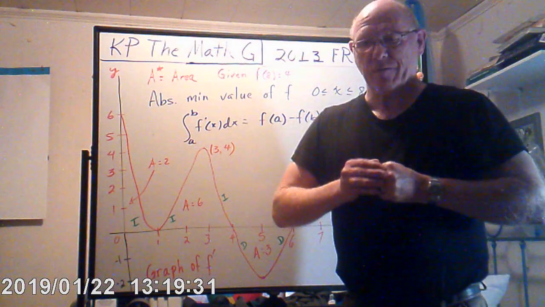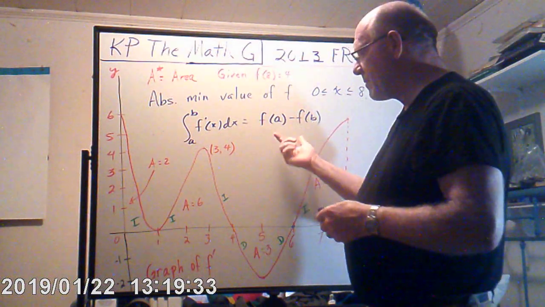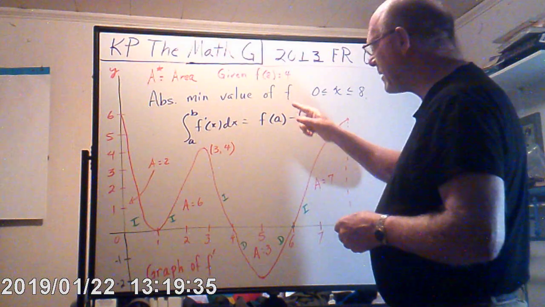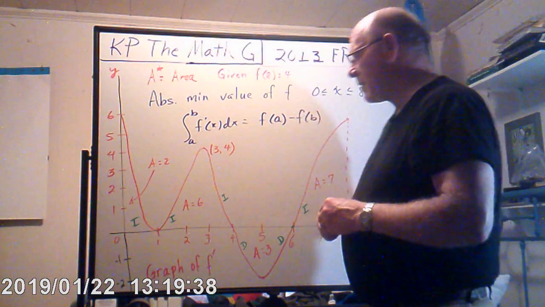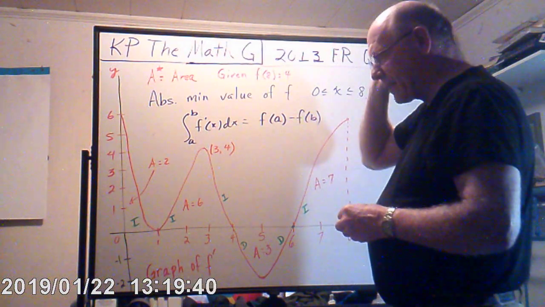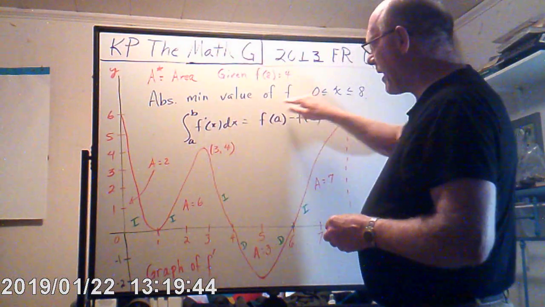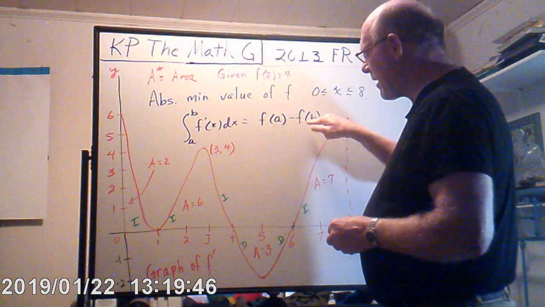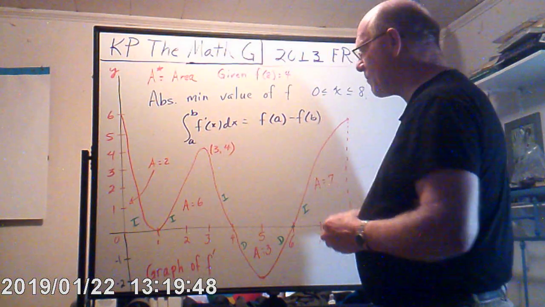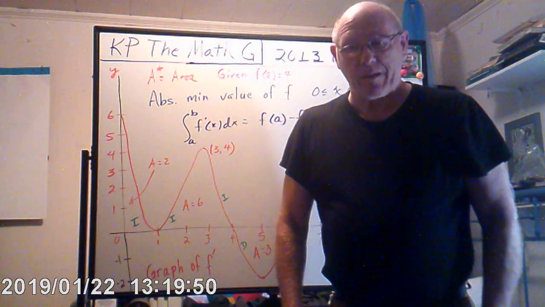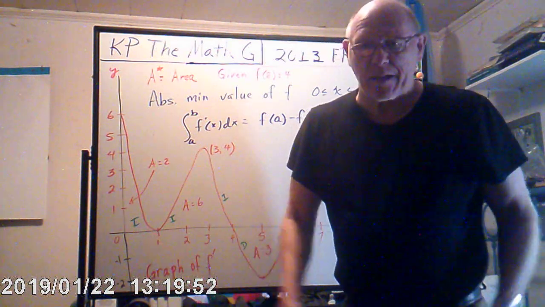Okay, if we have that, that's the fundamental theorem of the calculus. Now this is how we get to f. In the particular case, we're looking for a minimum value of f. Well, we have to get to f by integrating f prime. Okay, that's the only way we're going to get to f.